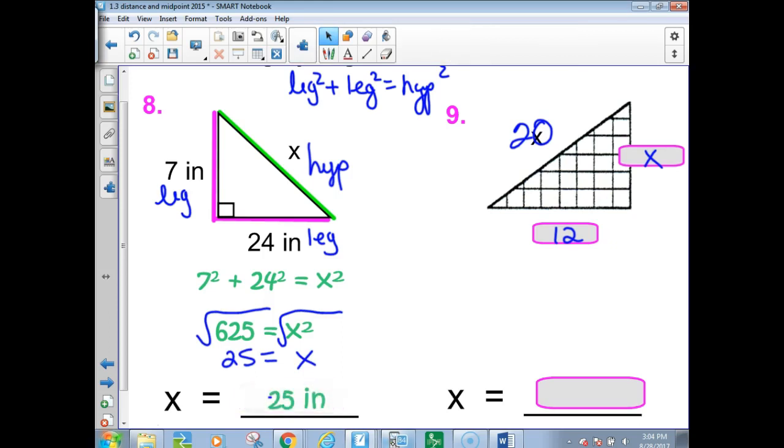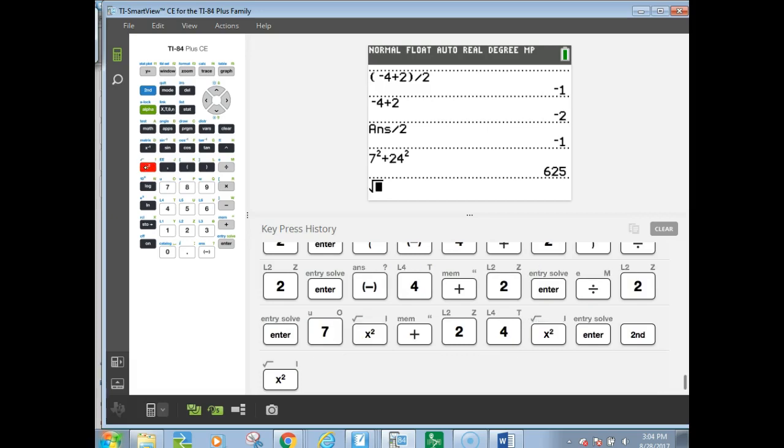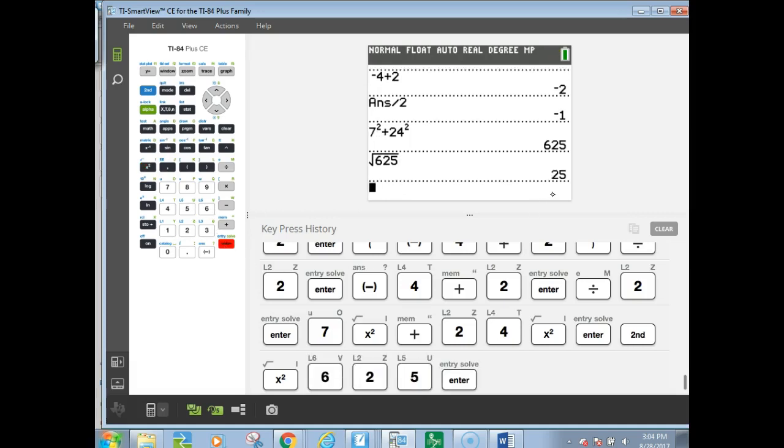And again, how you type the square root of 625 is you hit the second button right here, then the x squared button right there. You get the radical sign, which is square root. You put in the 625 and hit enter. So there's your answer, 25.